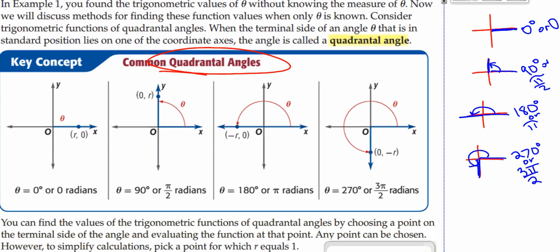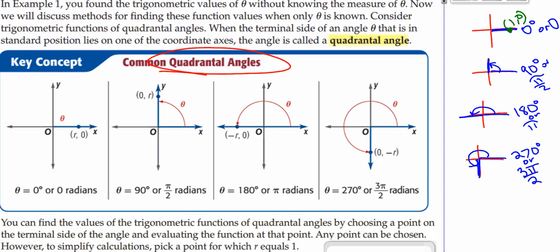So when I do this and when I ask you to do it, I generally pick these points. And instead of drawing 4 axes when I draw it later on, I draw 1 axis and I put those 4 points on it. But since we're going over it for the first time, I'm going to put a point there and give it convenient coordinates. 1, 0. On the next one, 0, 1.